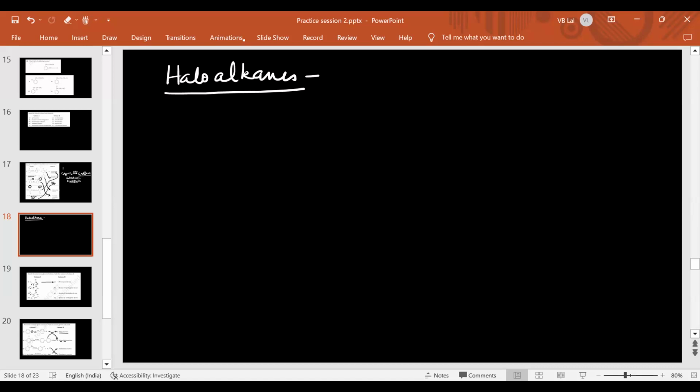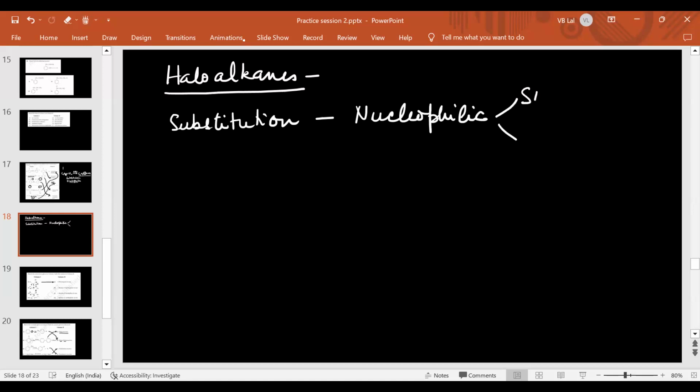So if it is a haloalkane, then it will undergo what type of reaction? It undergoes substitution, nucleophilic substitution. Here it can be of two types. I have told you SN1 and SN2. So in haloalkanes, it is always a substitution reaction and it is either SN1 or SN2.